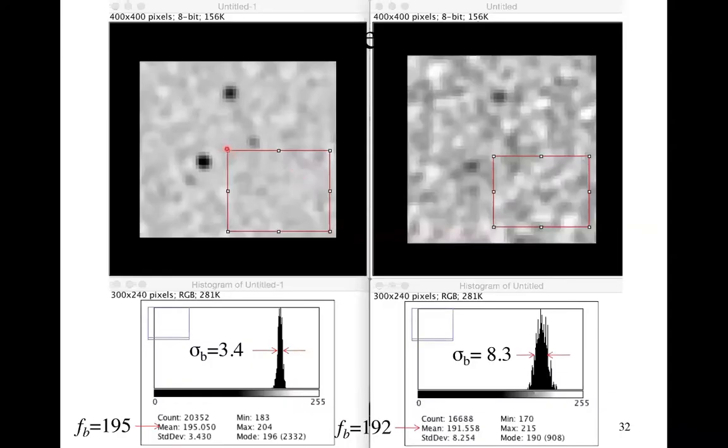So we can measure in the background. Remember, we had the high signal to noise image, and we'll measure the root mean square deviation in that background. Here's the histogram of all of the pixels inside this area, and we measure that sigma b is 3.4. That's what that width is there. And the mean value of this background is 195.